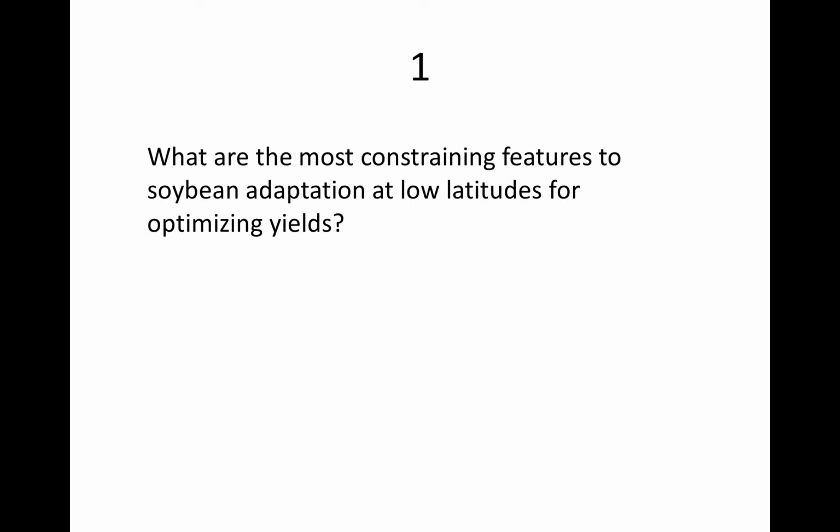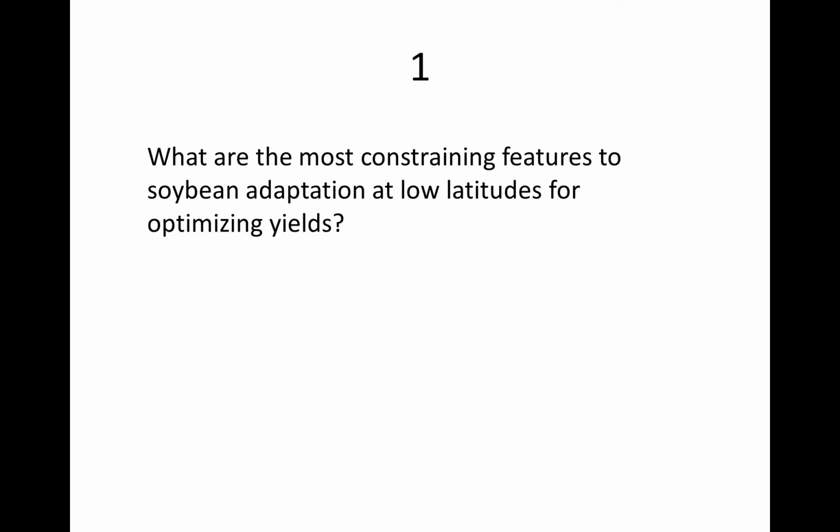So the first question I want to try to discuss is, what are the most constraining features to soybean adaptation at low latitudes for optimizing yields? From what I've heard today, I just want to summarize that things I hadn't been thinking strongly about much earlier would have been things like plant height and node number as potential avenues for getting a better molecular understanding that we might be able to breed for in the low latitude environments.